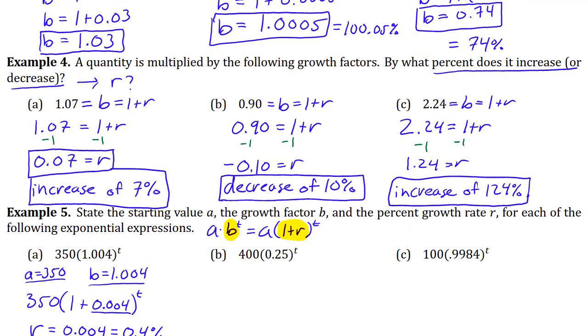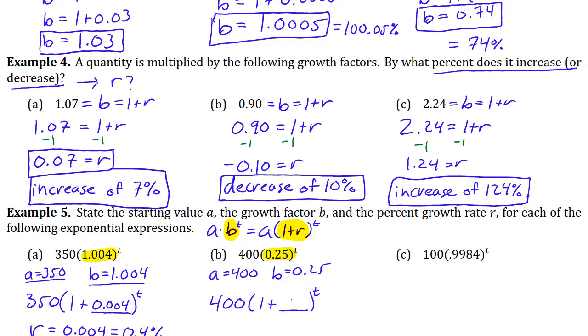Okay, here again, the a is the simplest part. That's whatever's multiplied in the front. The b, this is just a number to the power t, so that number is the b. And in this case, this b is 0.25. Now, how can you get this to be written as 1 plus something to the power t?